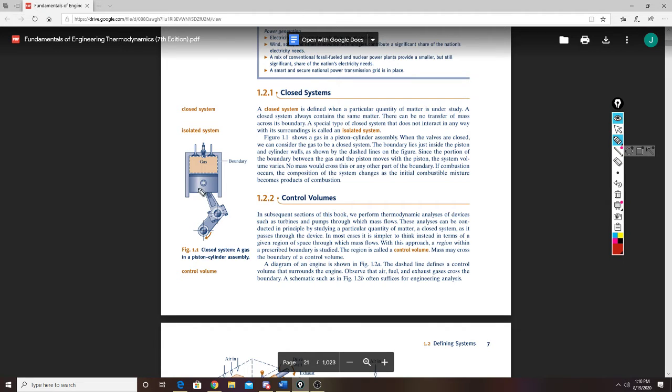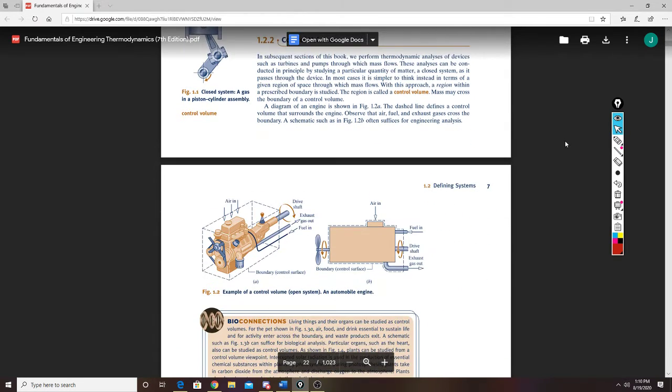But yes, this is how it functions. It is a closed system. And then a control volume is the next one, where you can see right here, this is the control surface, the boundary of it. Air comes in, and then it exhausts out. So the exhaust system is a bit different because you have air in and it's changing constantly, right?